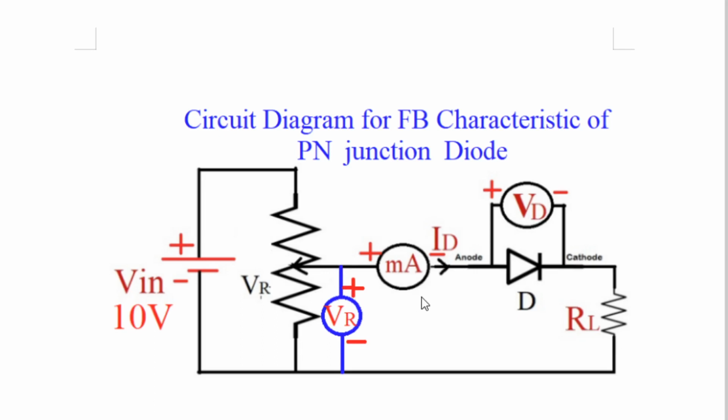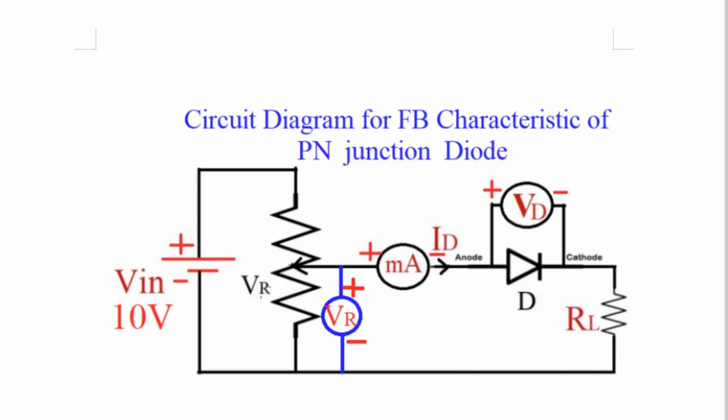And the third parameter measured is the current flowing through the diode, because we wanted to see when the current starts flowing through the diode. We know that the diode will start conducting after 0.7 volt ideally, but practically it will start conducting from 0.6 volt onwards only because of room temperature.